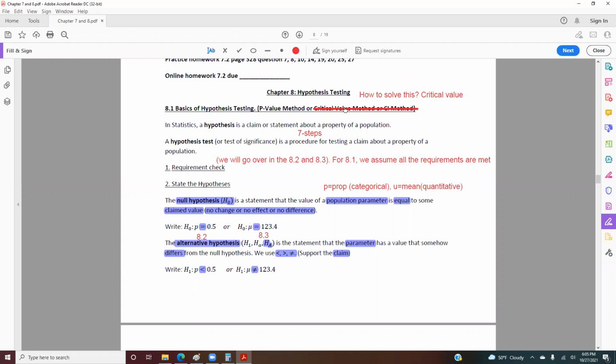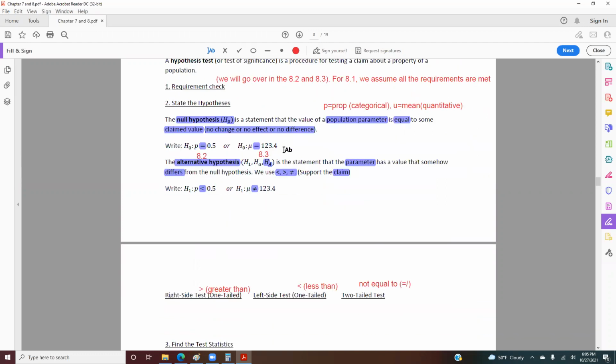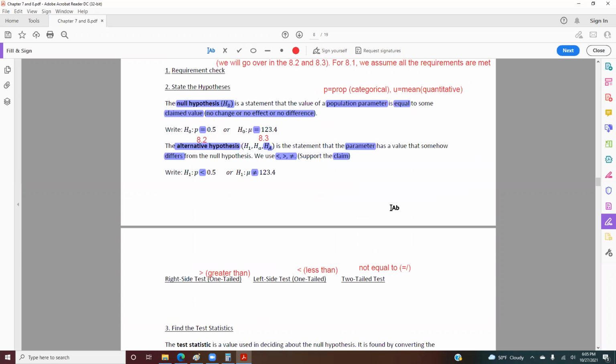The critical value method is very long. If you think 7 steps is long, the critical value method is like 10 steps. I will use the p-value method, but no matter which method you use, the decision and the conclusion should be the same.